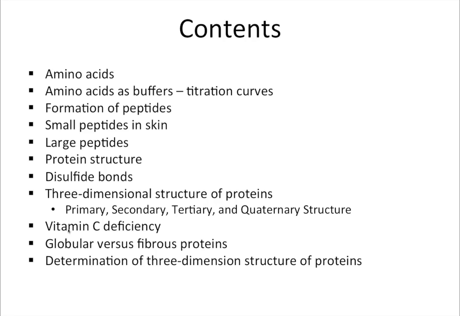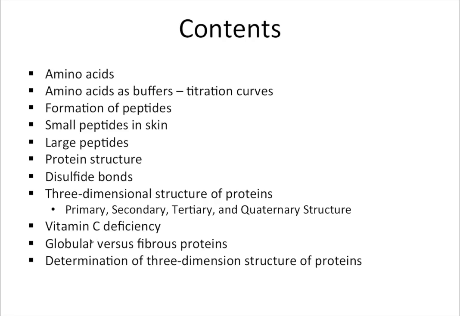We'll talk a little bit about vitamin C deficiency, and that's just because we talk about collagen, and collagen is important for structure, basically the architecture behind, as we mentioned, many of the structures in the body.